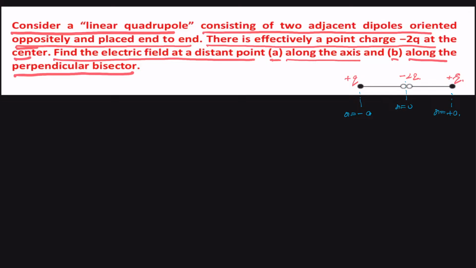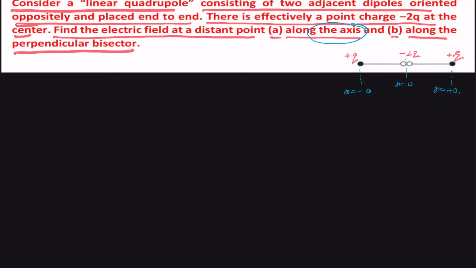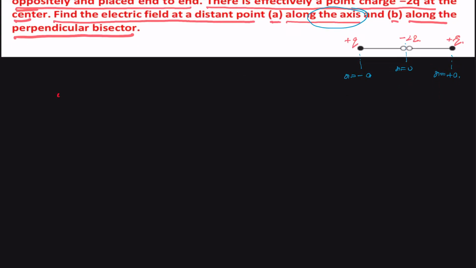And in part a, we are supposed to find out the field on the axis. And for that, let me redraw the figure here. So we have this plus q, and this is minus 2q, and this is our plus q. And we have taken this as x equal to 0, this will be x equal to minus a, and this x equal to plus a.